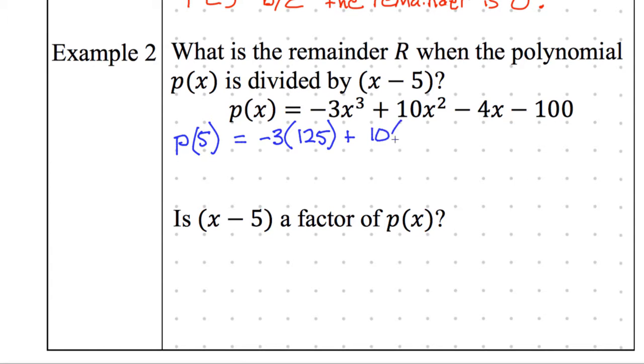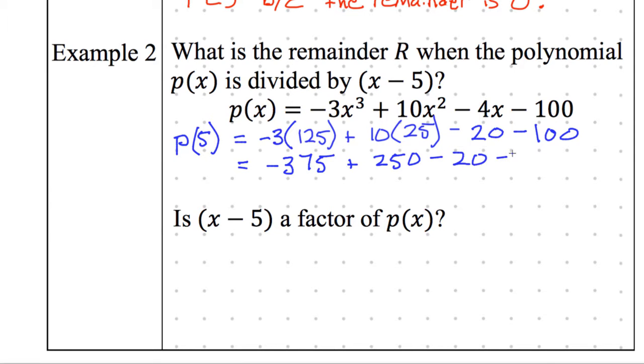Plus 10 times 5 squared minus, what's 4 times 5? What's negative 3 times 125? 375. 10 times 25 minus 20 minus 100. That's still P of 5.